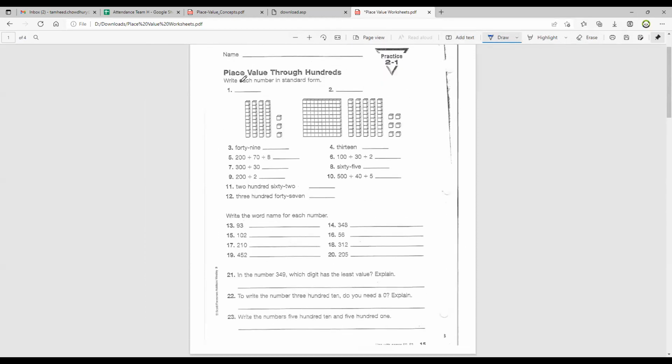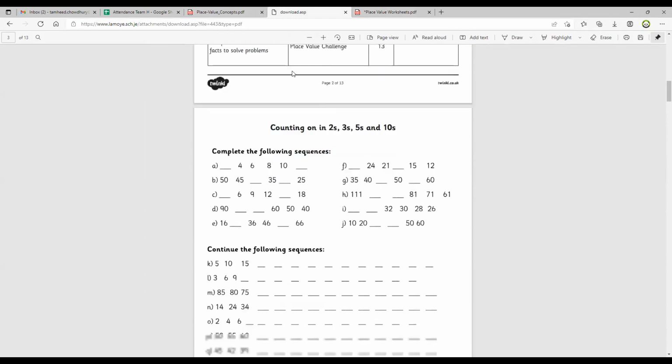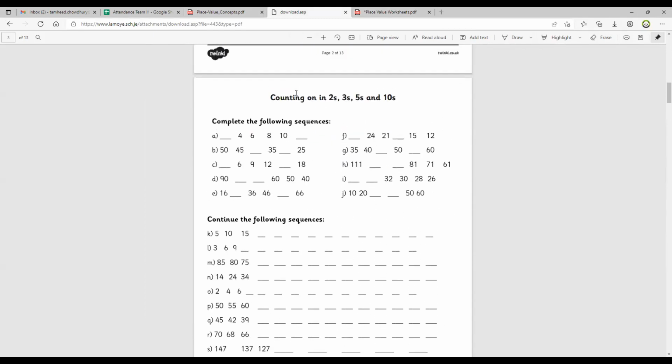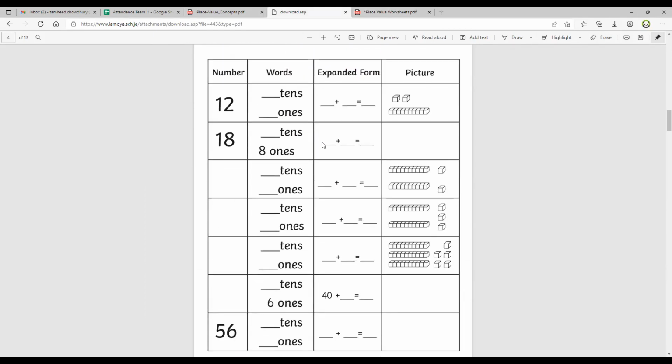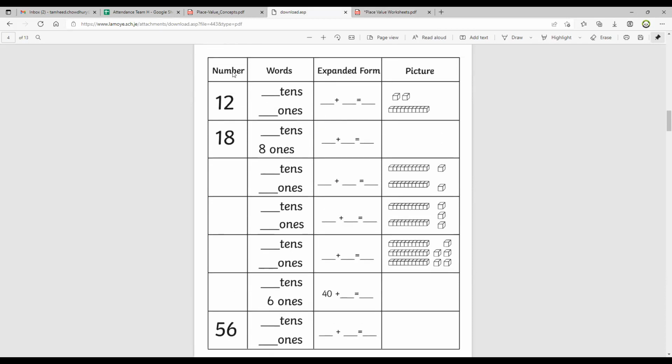Okay, let's start this one, or there's another one. Oh, yeah, this one has counting on twos, threes. Okay, as we learned, do you see this? Number, words, expanded form, and picture. Yes, sir.